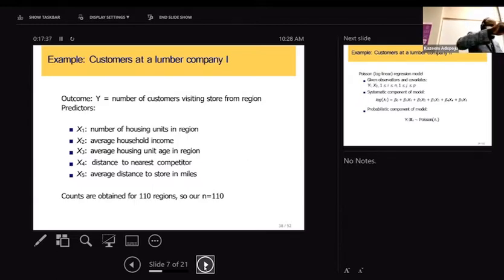The outcome variable, whether it is continuous, whether it is categorical, whether it is a count, is actually going to be a determining factor on the type of regression that you're going to use. For this one now, we basically want to use Poisson regression because of what? Because the response variable is a count.